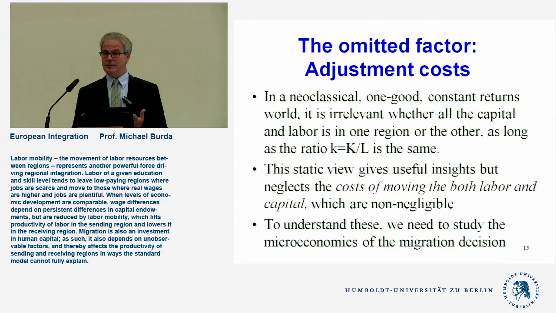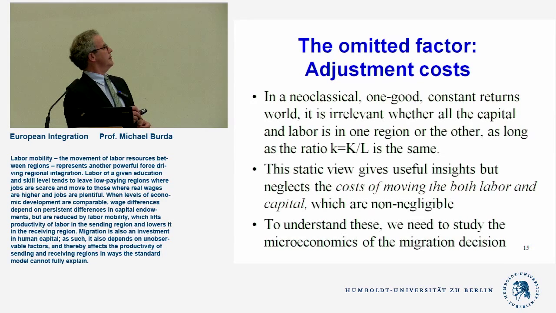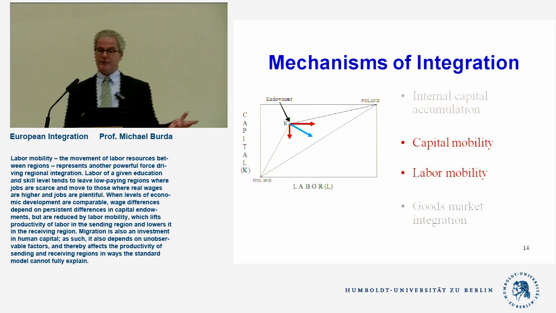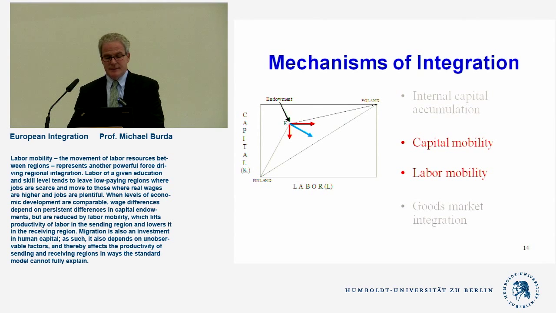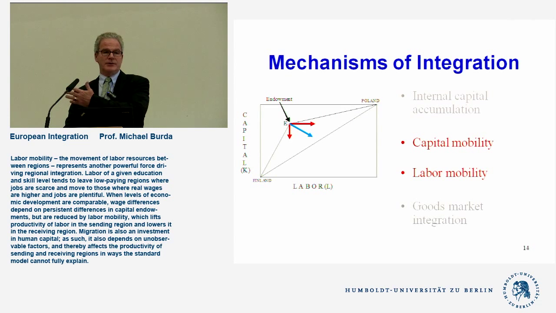This is a static view, and you'll see that in the end, this may not be a point of indifference. Just to give you an example, if you travel through eastern Germany now with a car, you will often go through large patches of land where there are no people. There are villages that are totally depopulated. This is a consequence of exactly this process. You can go through the Mazuren in Poland, and you can find similar situations. They're like national parks.